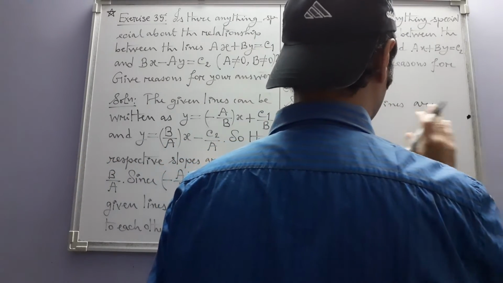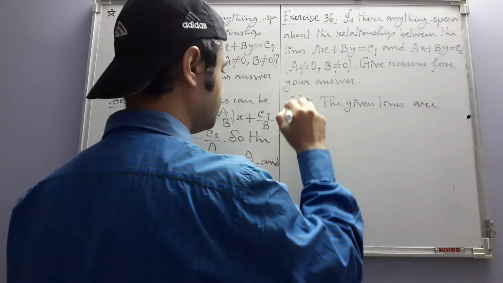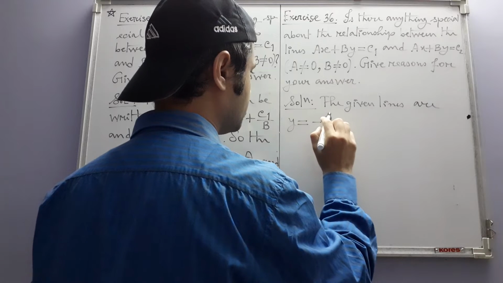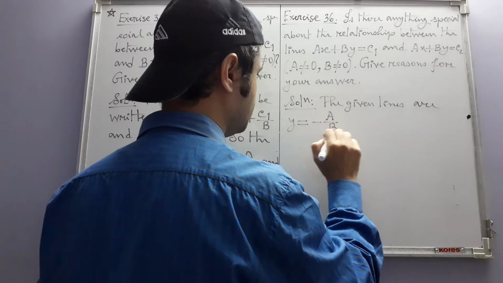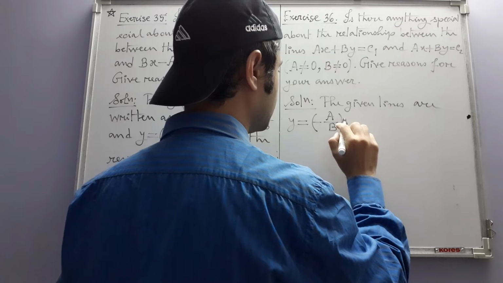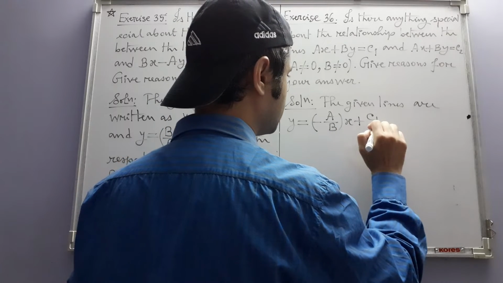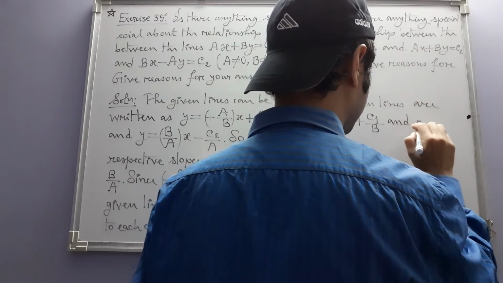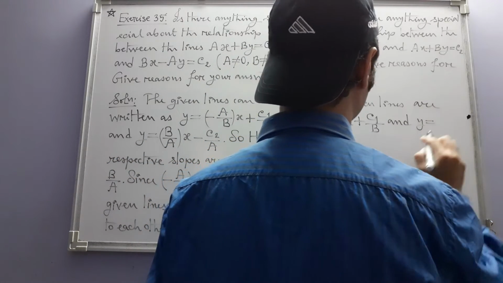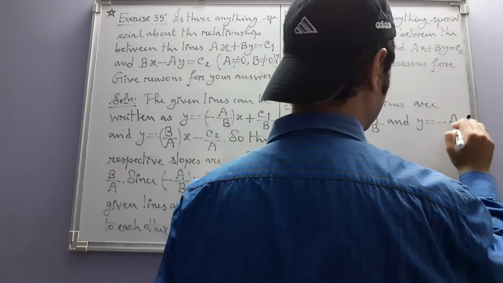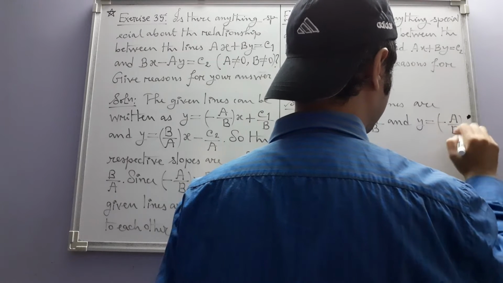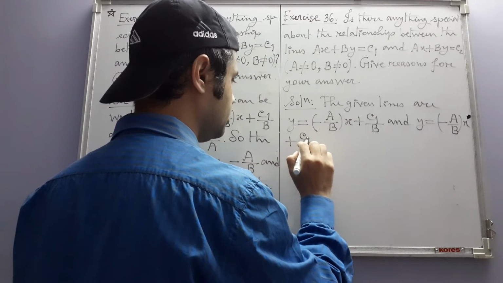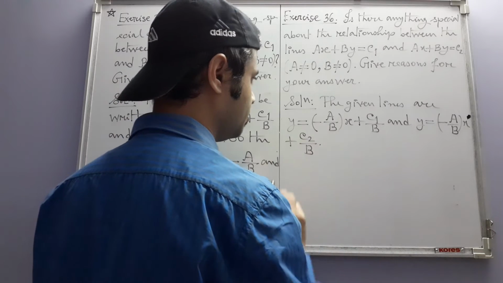Anyway, so the given lines are y equal to minus a divided by b times x plus c1 divided by b, and y equal to again minus a divided by b times x, but this time plus c2 divided by b.